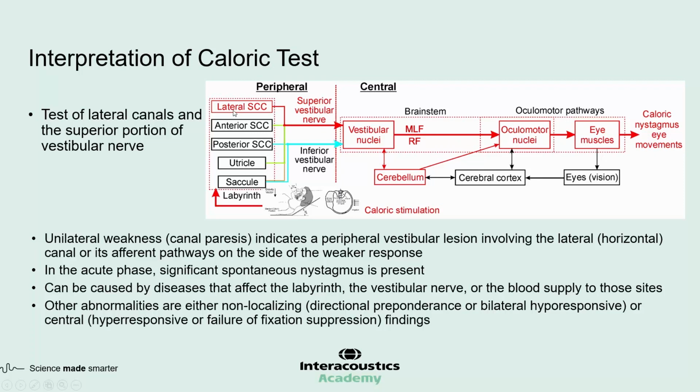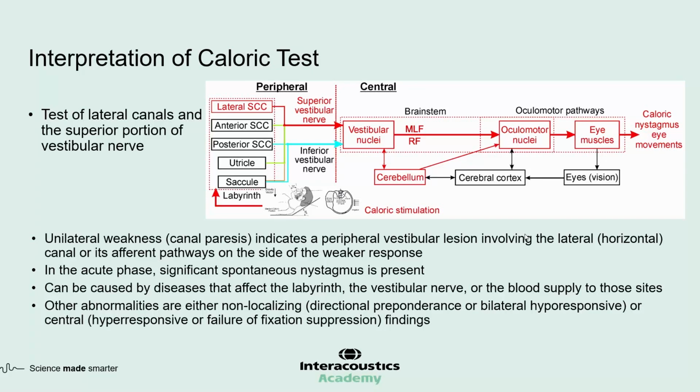So what's left for you is the lateral semicircular canal and the superior portion of the vestibular nerve. But remember, that calculation is only done for the unilateral weakness parameter or canal paresis parameter. So that's the only one that actually indicates peripheral vestibular function, which involves either the lateral canal or the superior portion of the vestibular nerve on the weaker side.